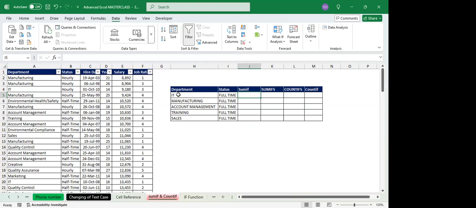Whenever you want to do something like that, but there is a criteria attached to that operation, you should know that you are going to use the logical function, which in this case is the SUMIF function. And how do I do it? Of course, every function starts with the equals sign. Then I put in the keyword, which is SUMIF, and I'm going to call out the arguments. Look at the first argument.